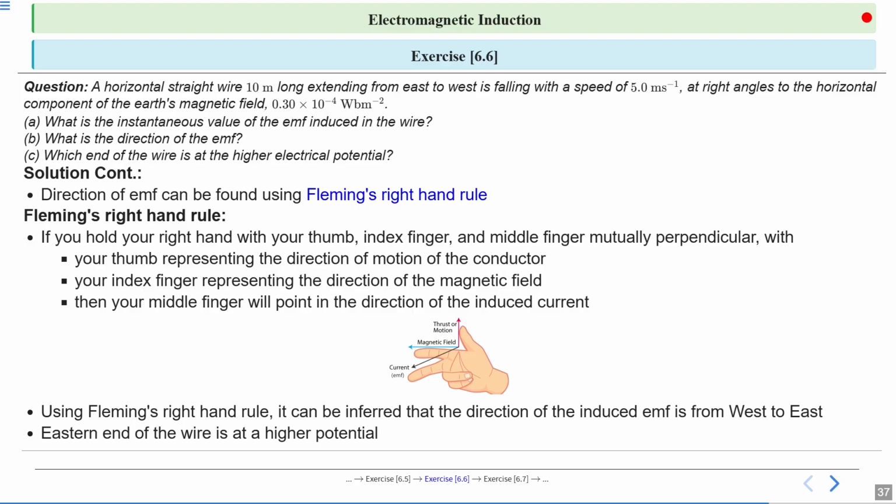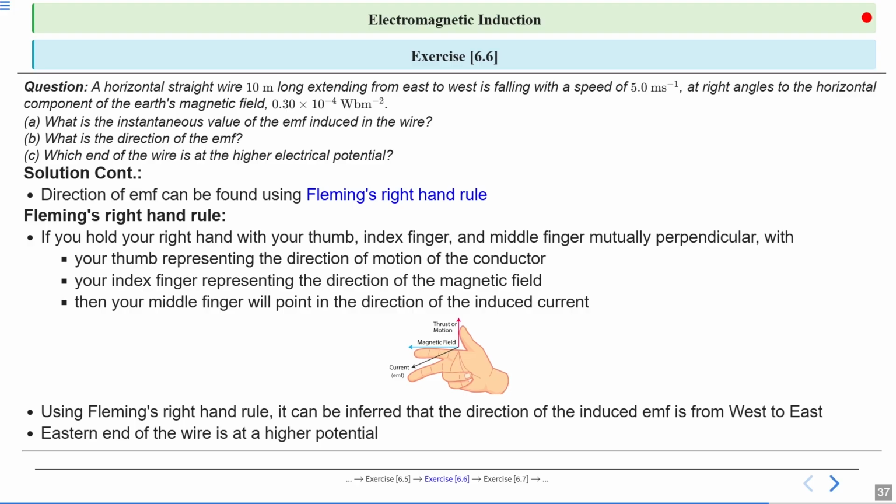So current is from west to east, so on the side of east, the positive terminal will be there. On the side of west, the negative terminal will be there. At west, there will be the negative terminal. At east, there will be the positive terminal.